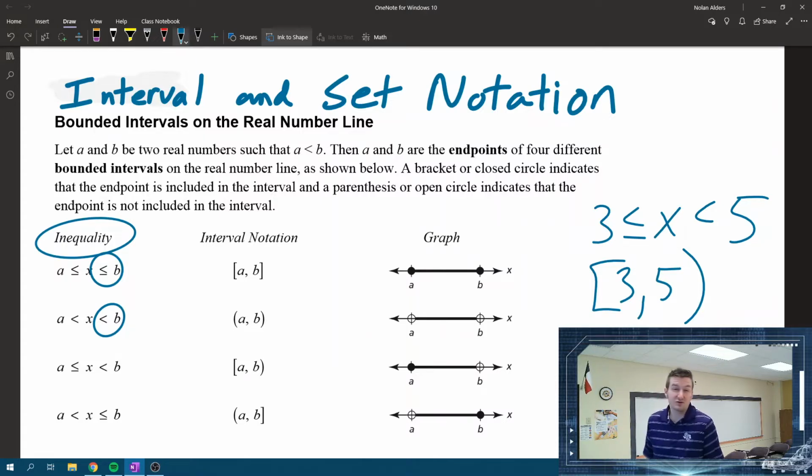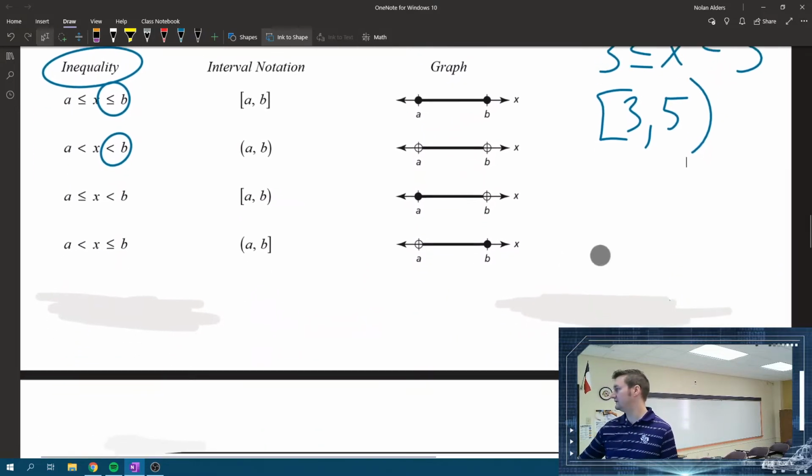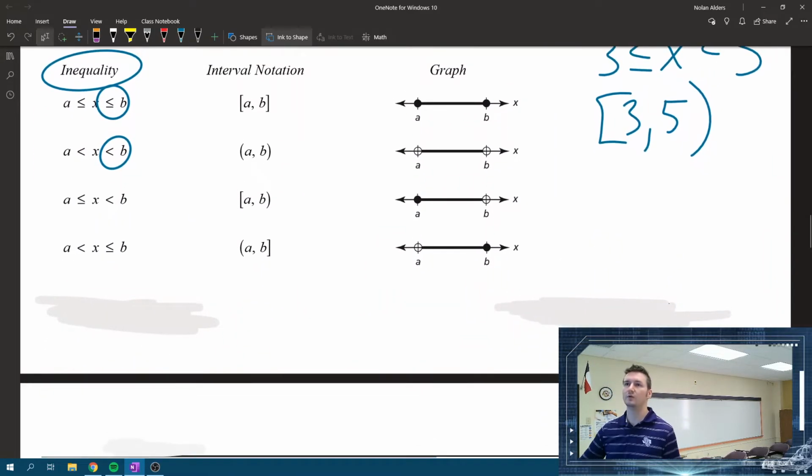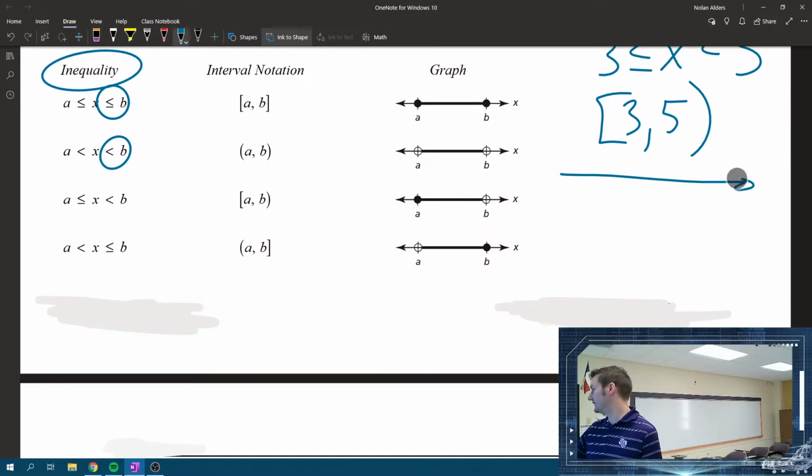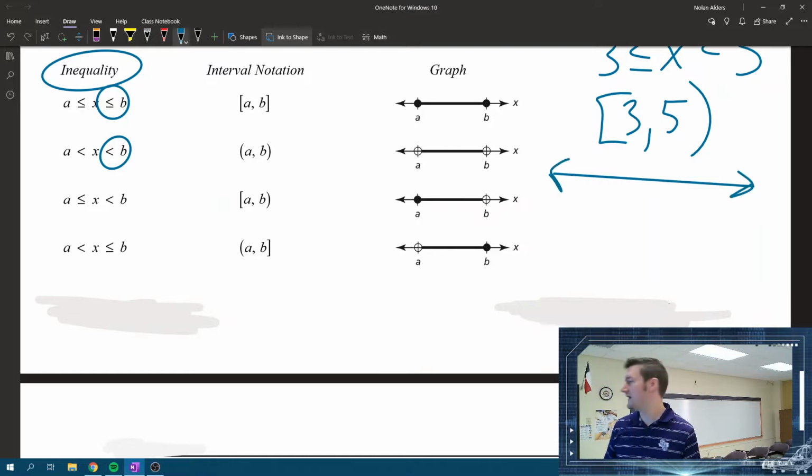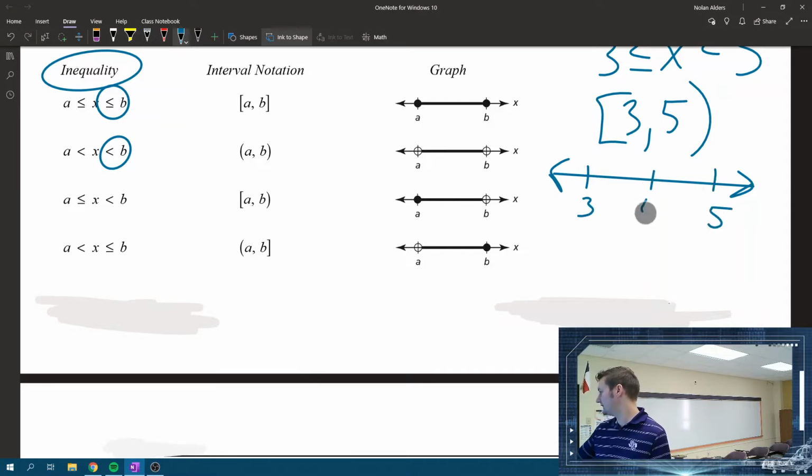We could also draw this as a graph on a number line. Let me scroll down a little bit so you can see. Here's our number line. We're going to put 3 in here and 5. We'll go ahead and put 4 in there as well.